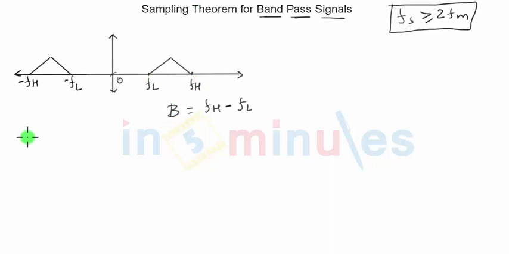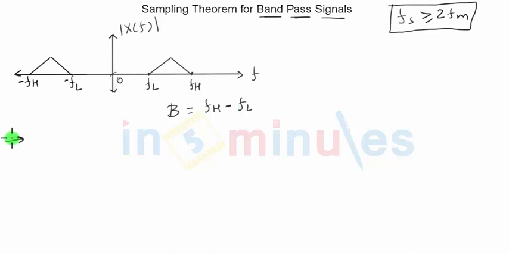Now let us talk about the requirement in terms of sampling frequency. What should be the value of the sampling frequency that I should use for sampling such a bandpass signal? Please note that what we drew is the frequency spectrum of a bandpass signal with respect to frequency f, and that's how we defined its bandwidth, Fh minus Fl.